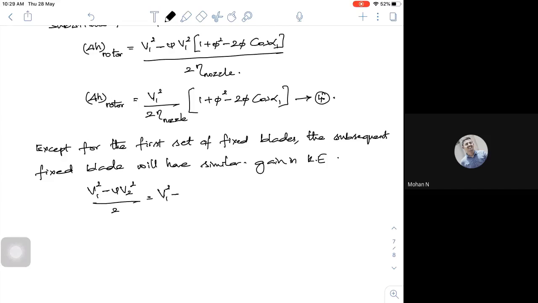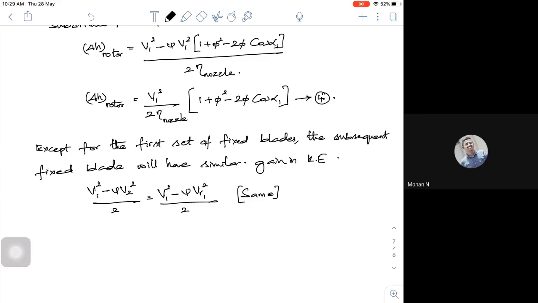So this is something like fixed going out, psi into VR the next one. It will be with respect to the rotor what it's going to see, so this should be the same. One will be with respect to the stator, what is going out, and one with respect to the rotor. The isentropic heat drop for the rotor and the stator should be the same in that case, for R equal to 0.5.